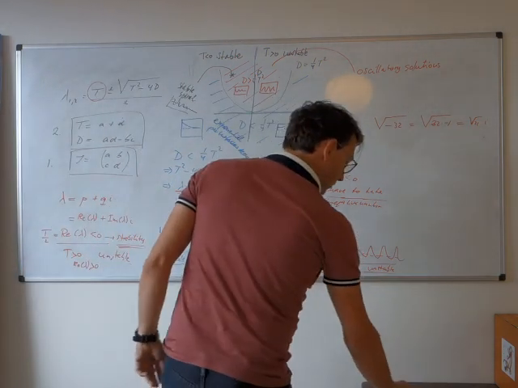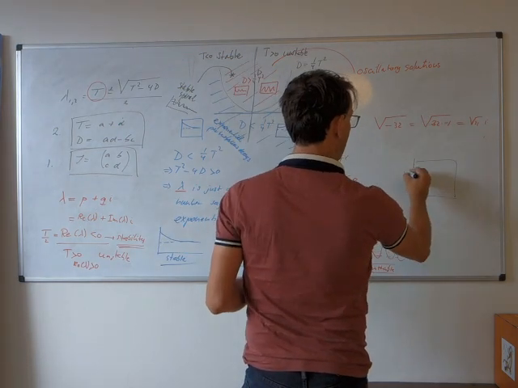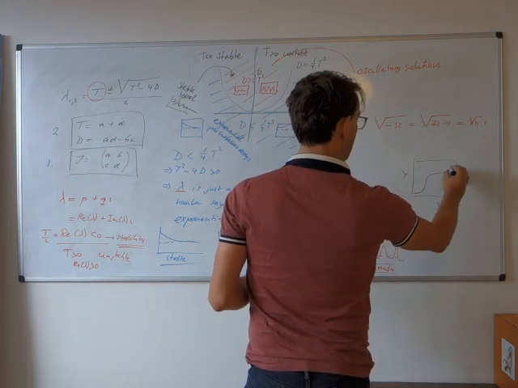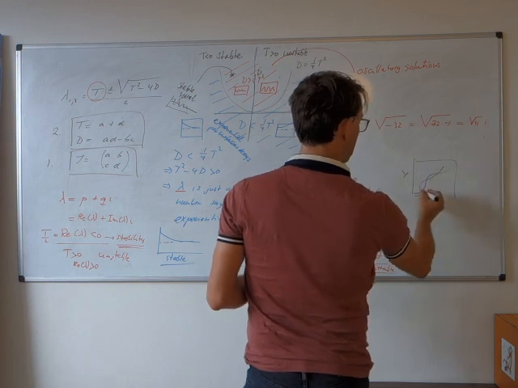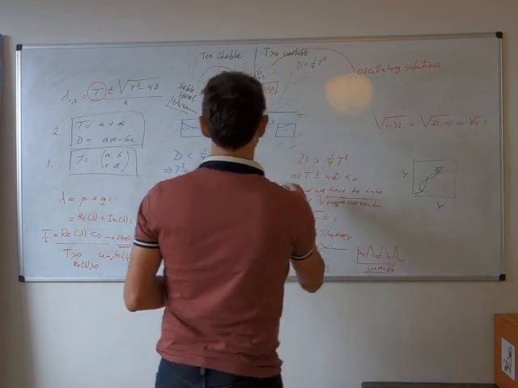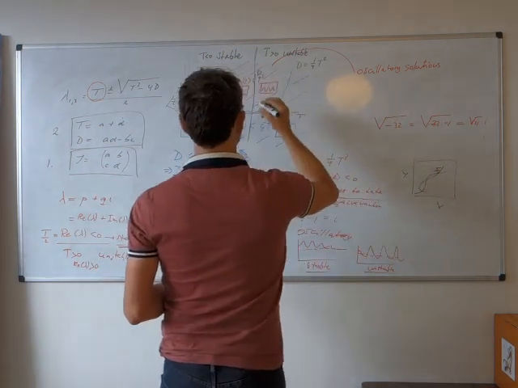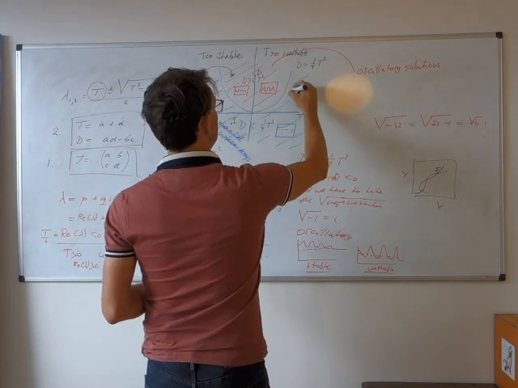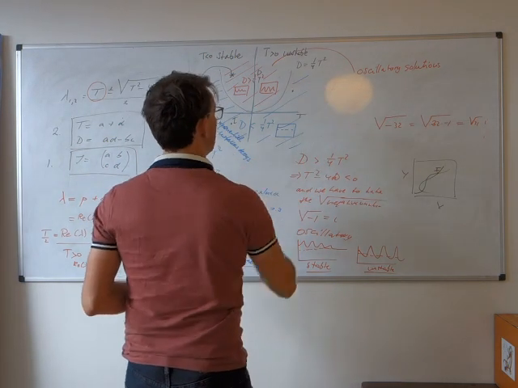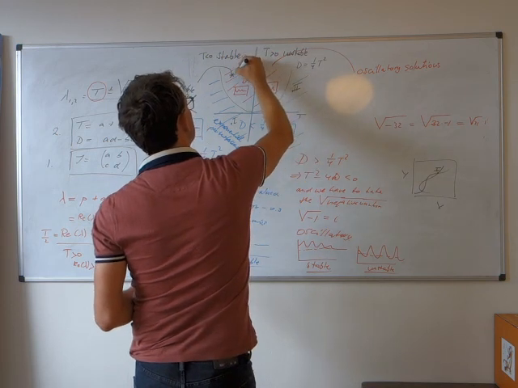So if I would have a phase portrait, y and x, with null lines that intersect 3 times, then this steady state may lie here. That steady state, we want that one to be unstable, so that could lie here. And this one, the third one, could lie there.